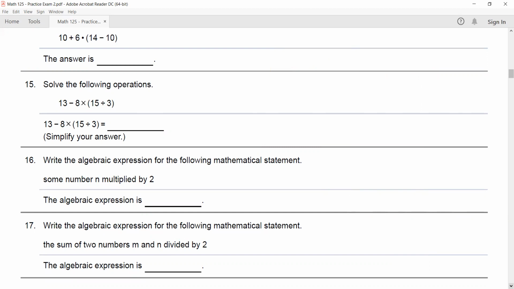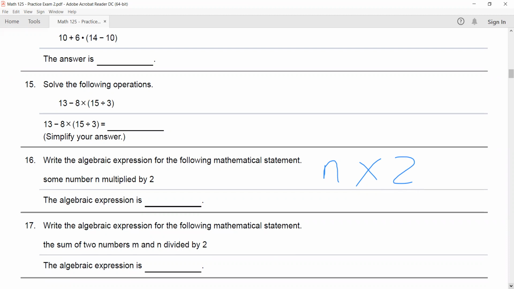So n is some number. Let me just erase that, it's not a nice n. So n times 2. Some number n multiplied by 2.